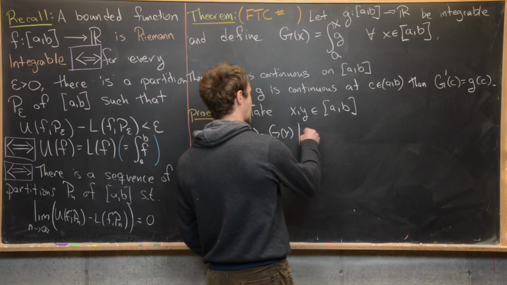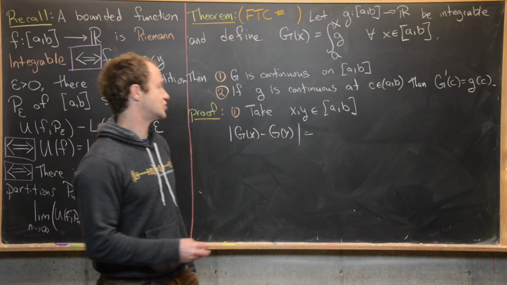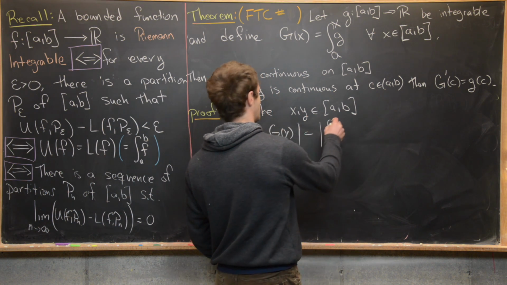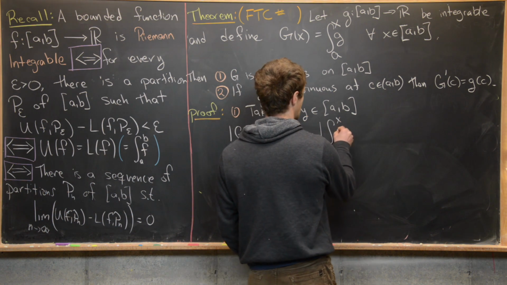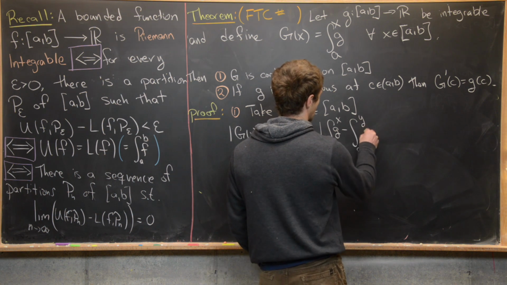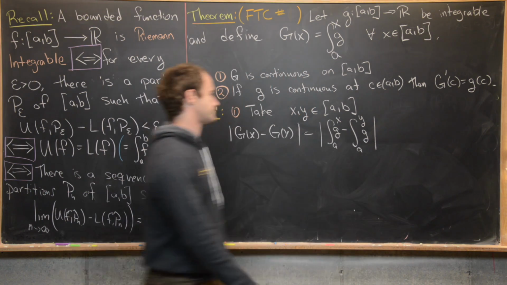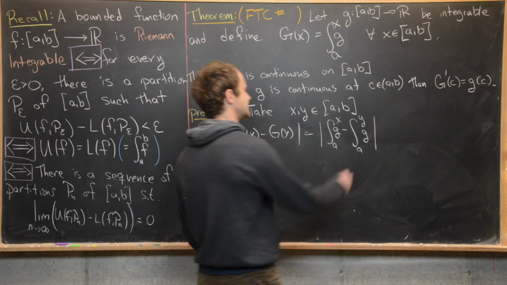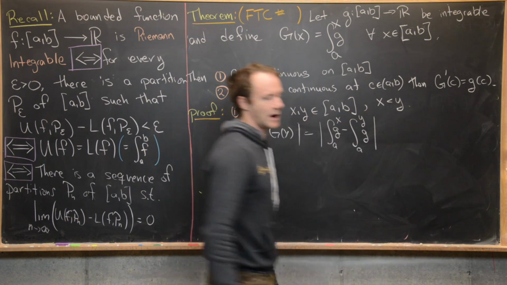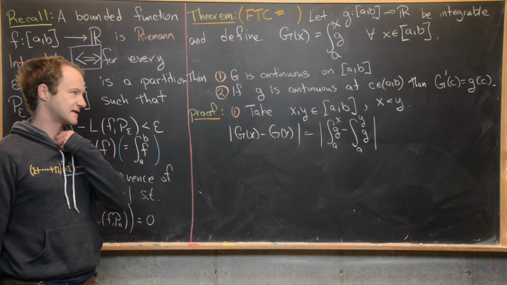But notice, by our definition of capital G, that's going to be the absolute value of the integral from a to x of little g minus the integral from a to y of little g. And while we're at it, let's put some sort of ordering. Let's say that x is going to be less than y. So we've got something like that.